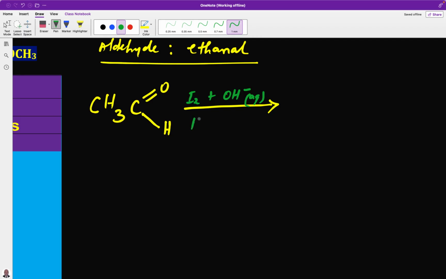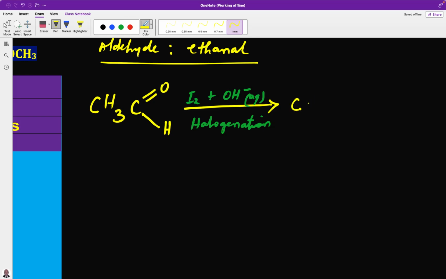There is halogenation. In this halogenation, the hydrogen atoms here are replaced by the halogen, which is the iodine. We will have this. This is the product that comes here.